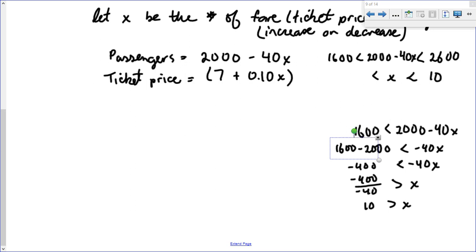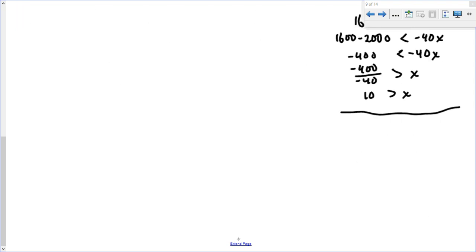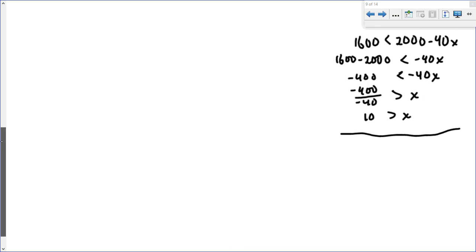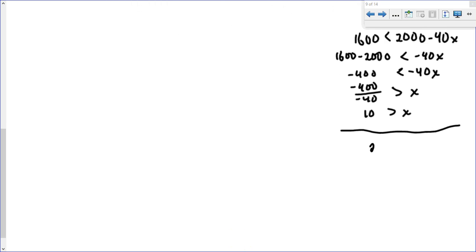Okay, and I'm going to solve the second piece of this as well too. Where I have to go to 2600, so I've got 2000 minus 40x, and that's less than 2600.